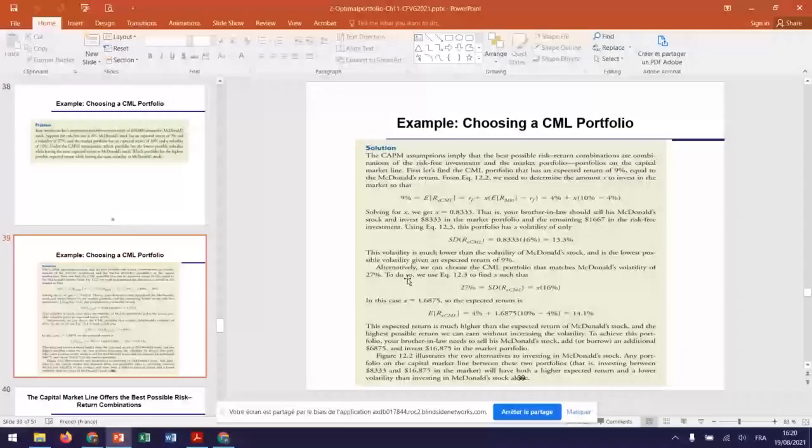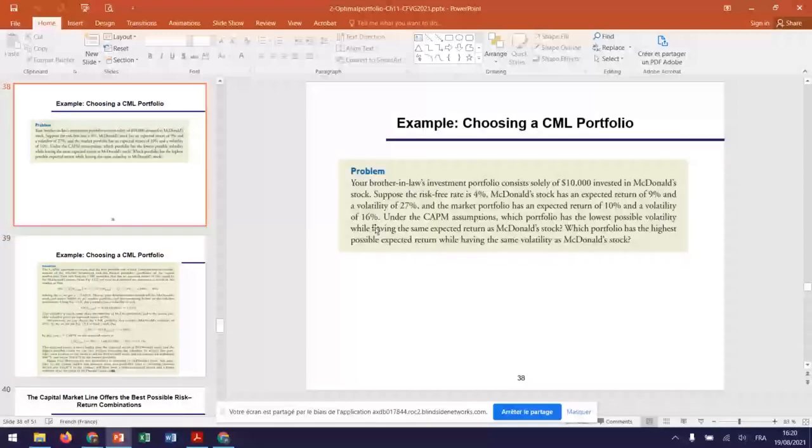Now, if I want to have volatility of 27%, what should I do to maximize my return? By combining the market portfolio and the risk-free investment. As you can see, if I put 100% of my investment in the market portfolio, my volatility is only 16%.